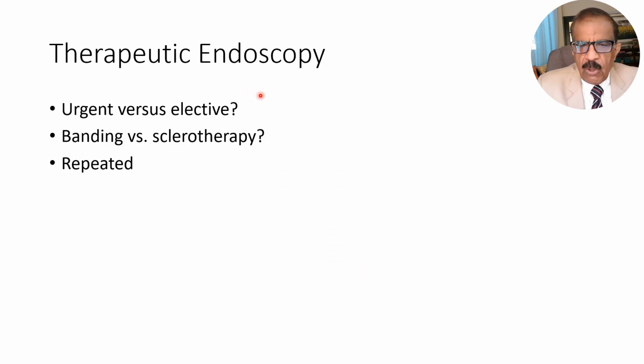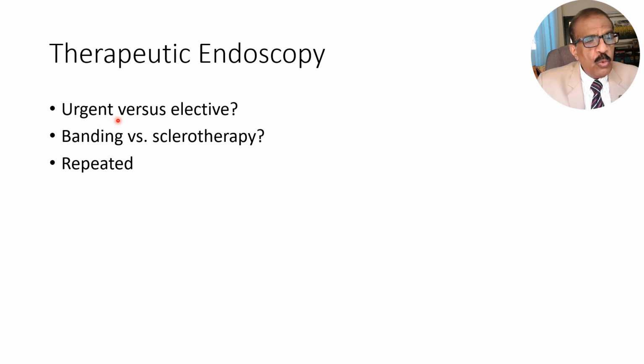In therapeutic endoscopy, urgent versus elective. Now, what do you think? If you are sitting in the emergency and you receive a patient with variceal bleeding and you have the facility of endoscopy, is it better to do urgent endoscopy? I'm not sure. Actually, you could make a case because this would be a definitive way of securing bleeding and ligating vessels.